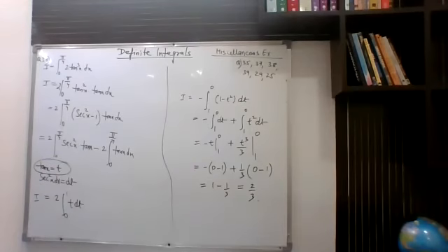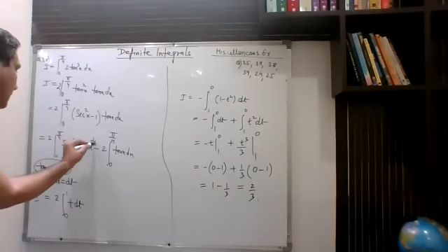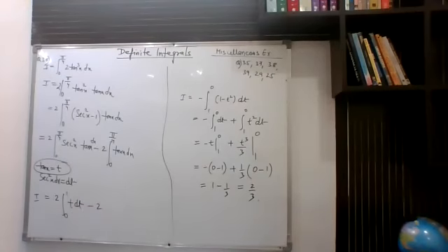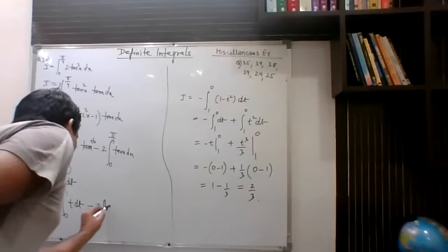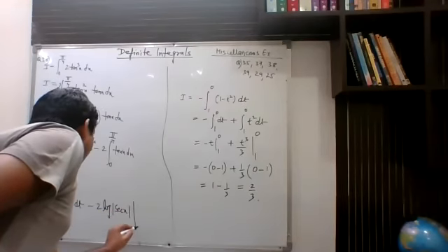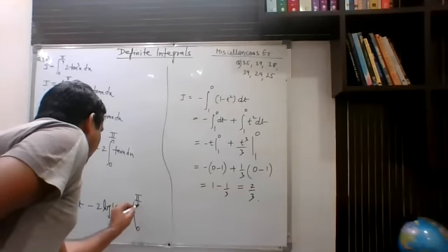Now I can write the second integral with 2 outside. The integration of tan x was log sec x, so I can write this as log sec x, with limits running from 0 to 45.